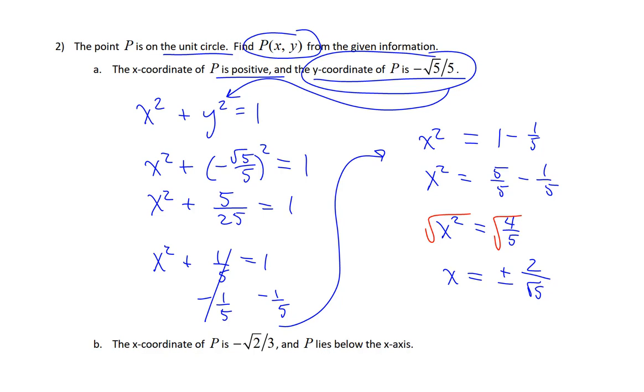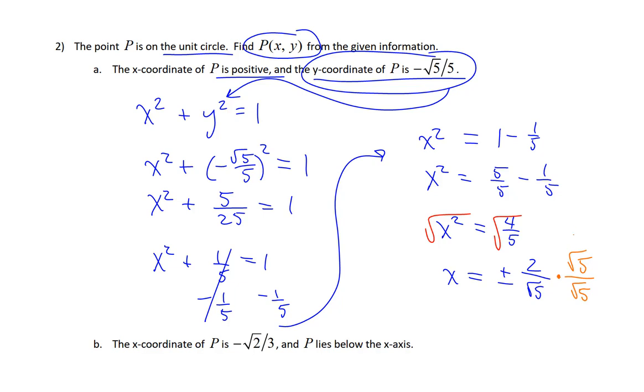Now, what you will typically see in a problem like this with most trig books is what's called rationalizing. So to rationalize the denominator, we would multiply by the square root of 5 over the square root of 5.